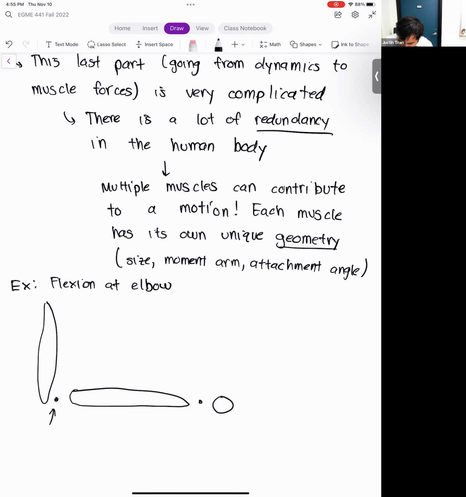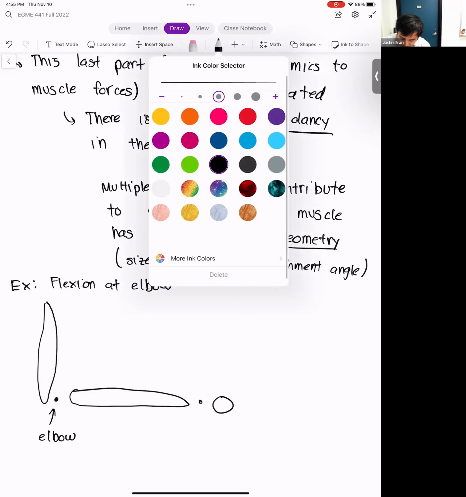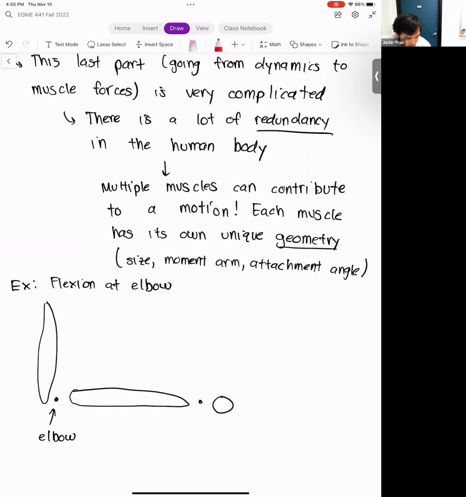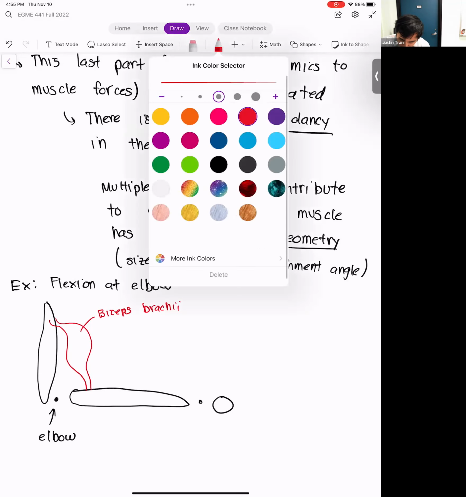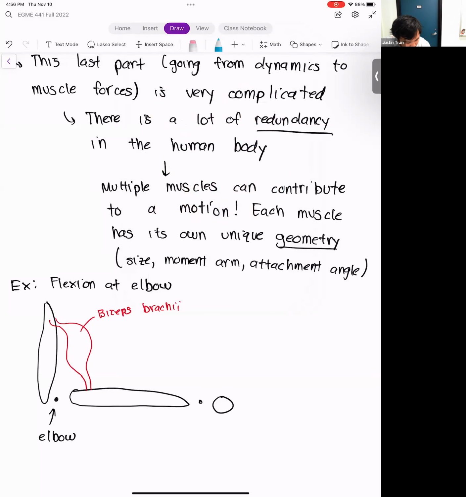So here's our elbow joint. Inside our arm, we have several muscles that can contribute to elbow flexion. The one most people know is the biceps brachii. But we also have other muscles in there.